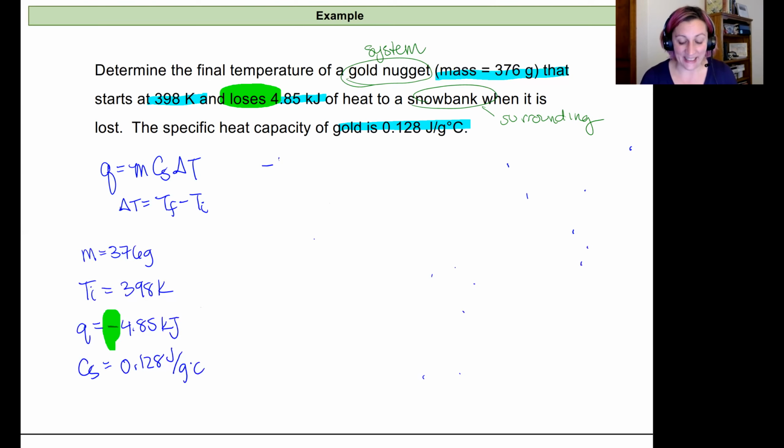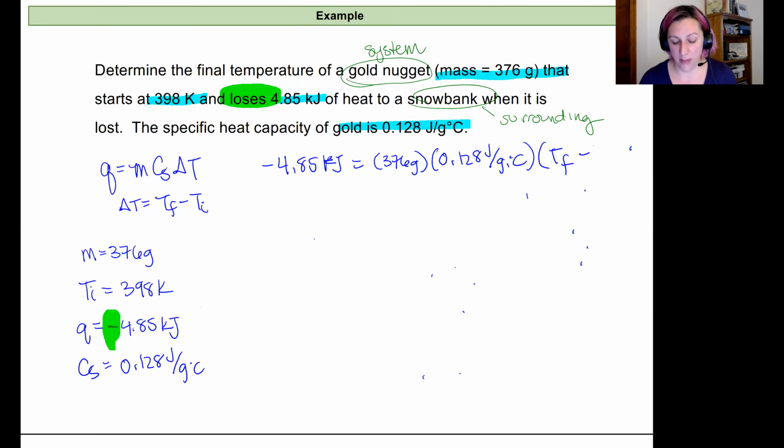That's a negative 4.85 kilojoules. My mass is 376 grams. My specific heat capacity is 0.128 joules per gram degrees Celsius. And my temperature change is going to be some final temperature that I need to know minus that 398 Kelvin.